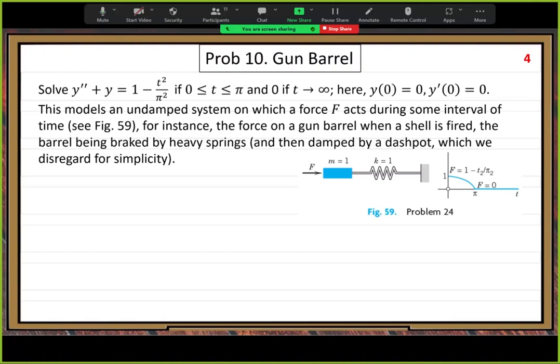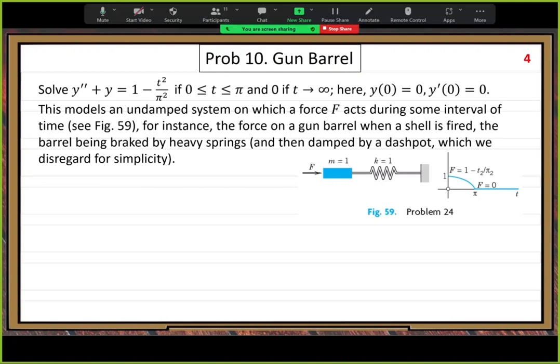So the differential equation: here we model this gun barrel, not the bullet, this part.